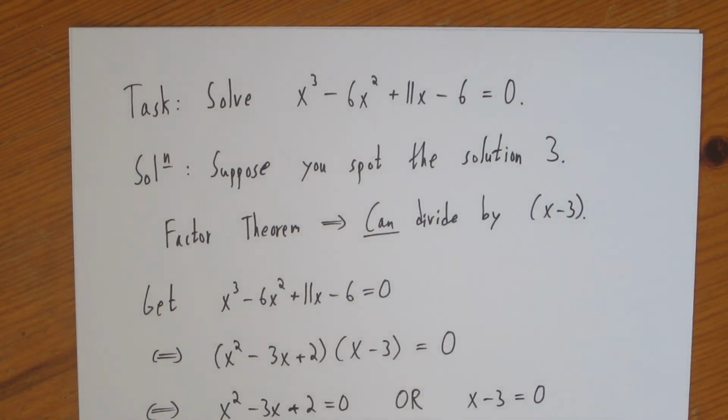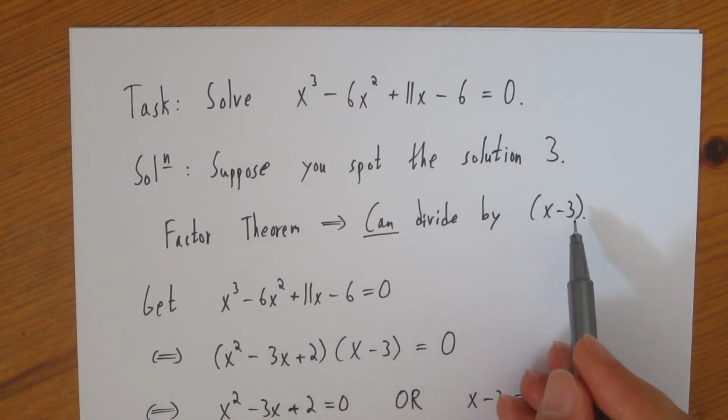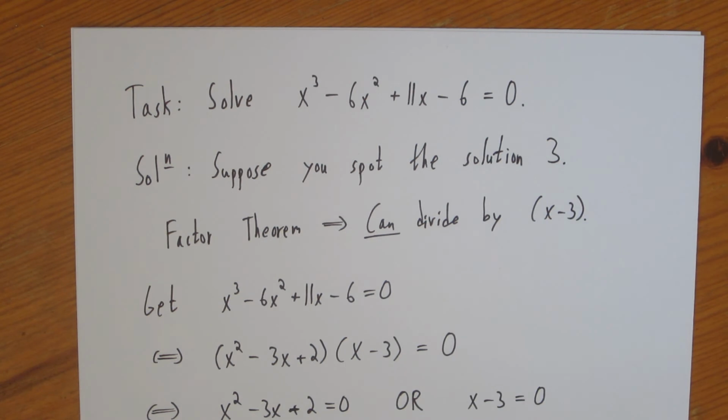Then you can proceed as follows. Since 3 is a root, the factor theorem tells you that you can divide your polynomial by x minus 3. There will be no remainder.